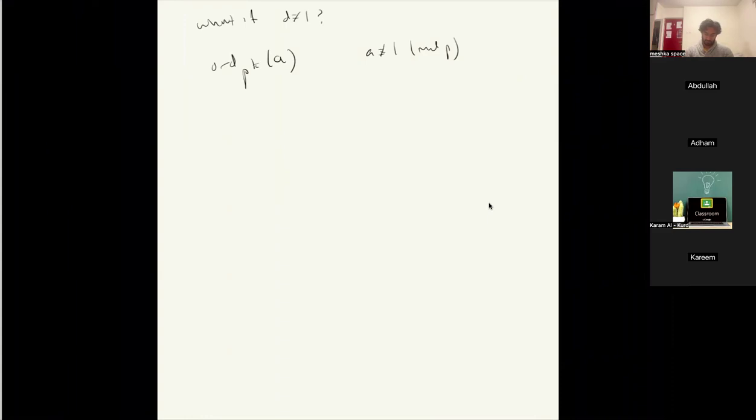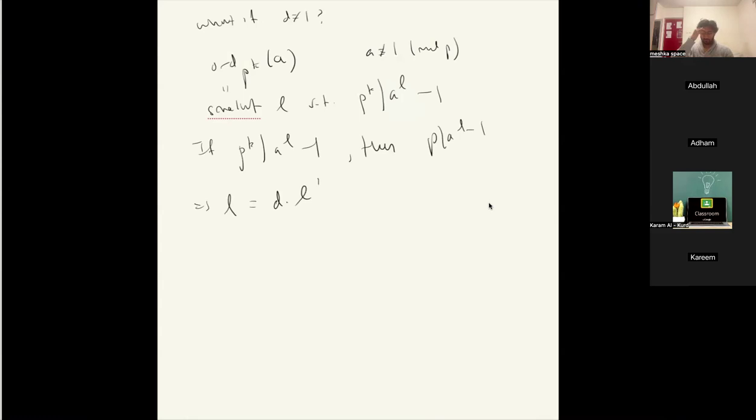This is going to be the smallest L such that P to the K divides A to the L minus 1. But if P to the K divides A to the L minus 1, then P divides A to the L minus 1, which means we can write L equals D times L prime.